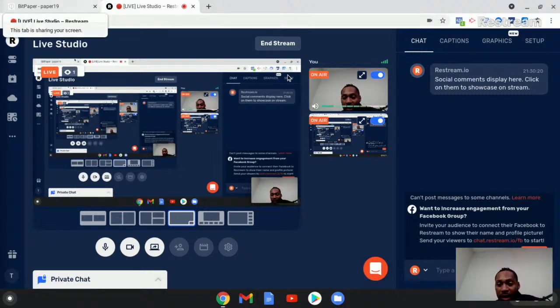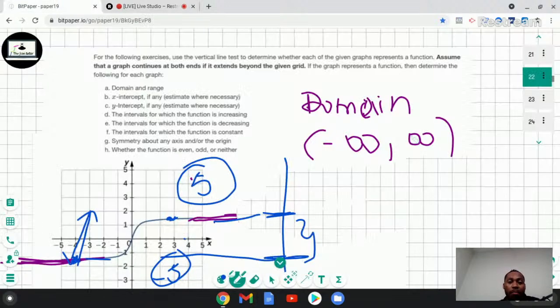It cuts off right here in between positive 1.5, you can see this is between 1 and 2, 1.5, and then here it cuts.